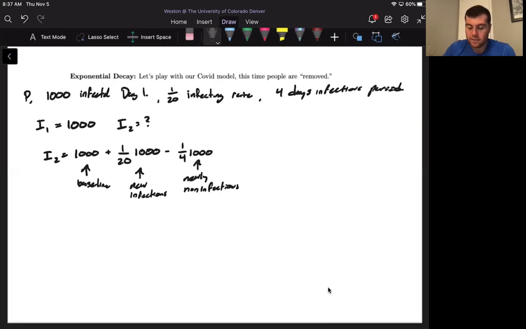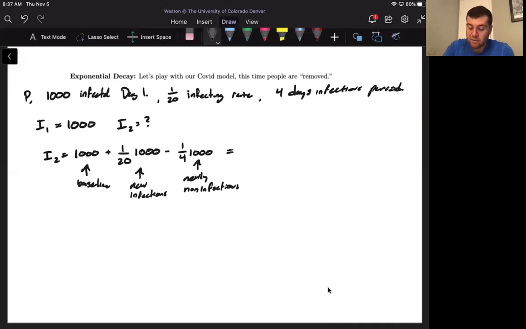The way this works is that you start off the first day with 1,000 infected. On that first day, they've gone around and infected people, but the new infections aren't counted until the next day begins. And once that next day begins, we also assume all these people are newly non-infectious.